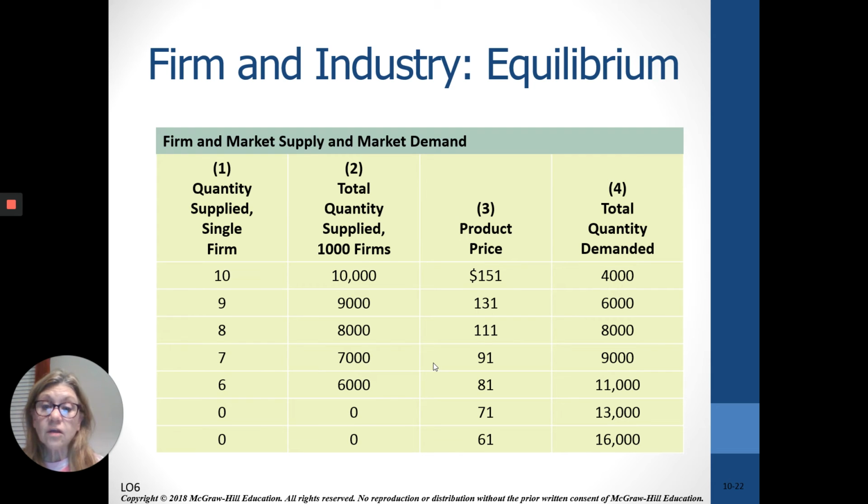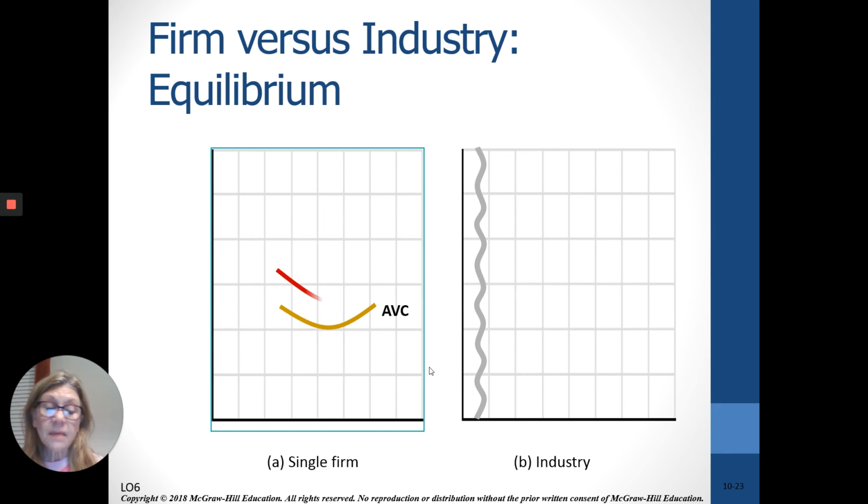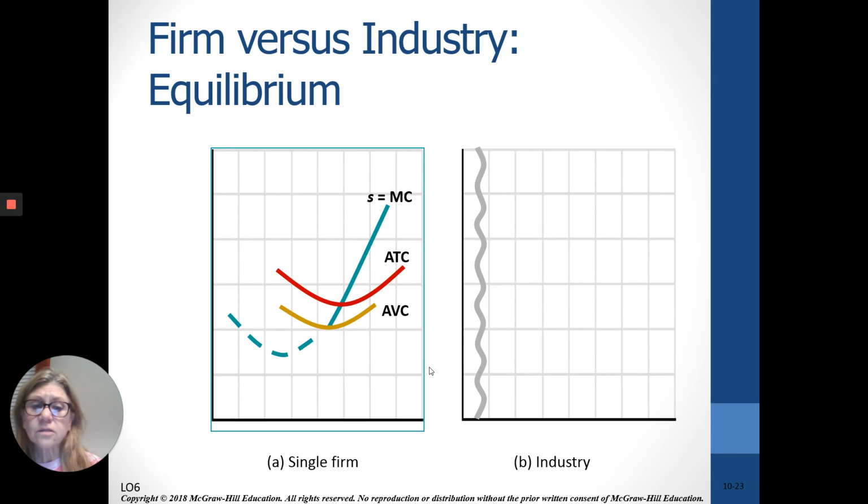And we have already figured that at $111, this industry would be profitable. And there'd be profits to be made. And that means that there would be firms willing to enter this industry. So let's look at these graphs with the single firm. Again, the supply is the upward sloping portion of the marginal cost curve above average variable cost. That's very important.